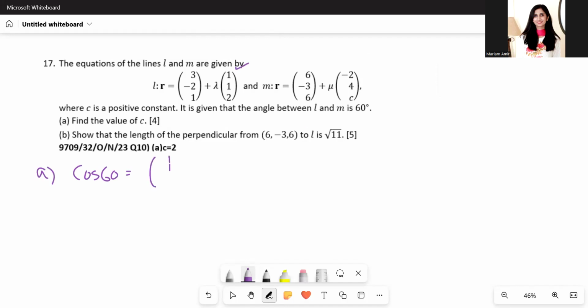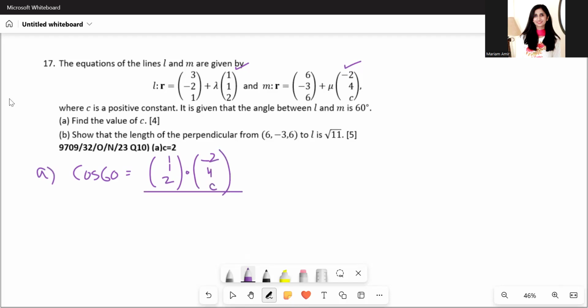This one is 1, 1, 2 dot, and the other direction vector is -2, 4, C. And in the denominator, we take the magnitudes of these vectors.